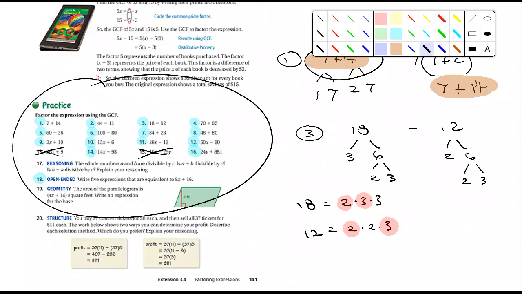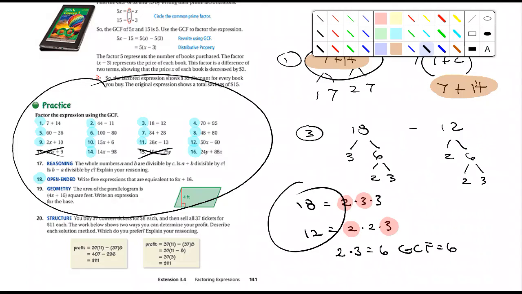They both have a 2, they both have a 3. What's 2 times 3? 6. So the greatest common factor of 18 and 12 is 6.